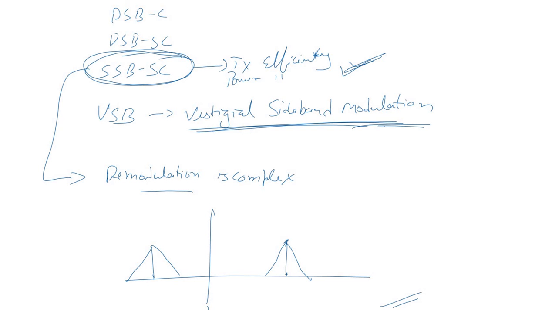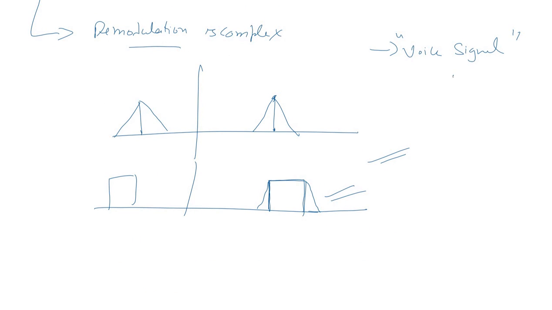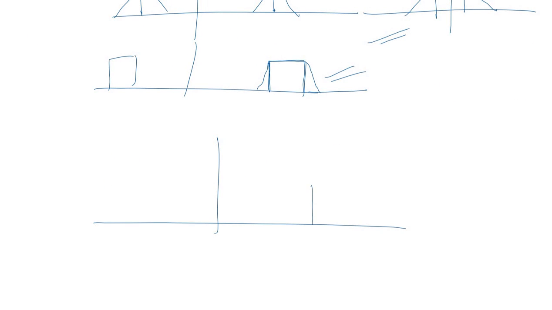So the application of this SSB signal was limited to voice signal only, because the spectrum of voice signal is such that there is a guard band between the two sidebands. The spectrum of the voice signal is something like this. This is fc. There is a sufficient guard band between the two sidebands.